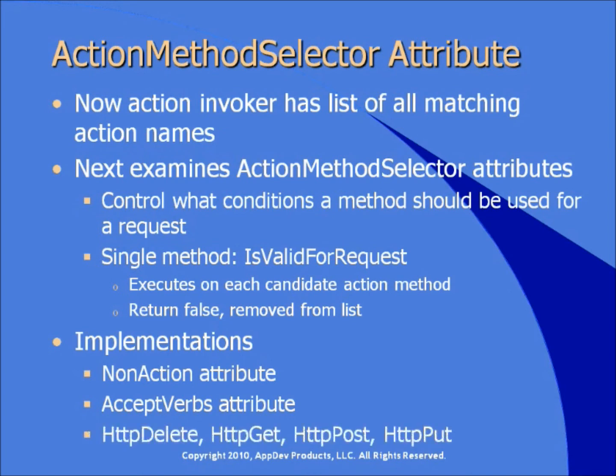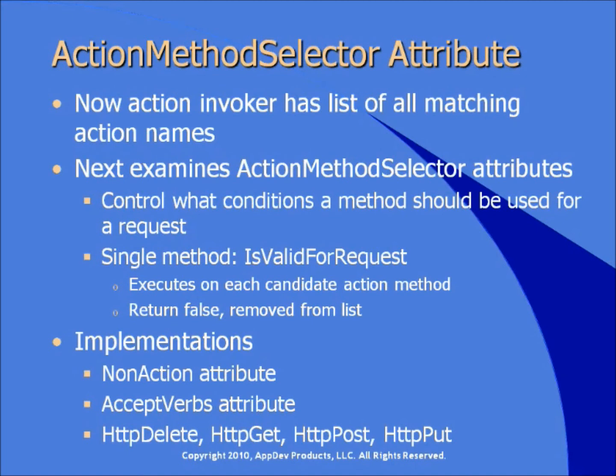But easier to use are some additional attributes that were introduced with MVC 2. These derive from ActionMethodSelectorAttribute and include HttpDelete, HttpGet, HttpPost, and HttpPut. Each corresponds to a single HTTP verb and accepts no parameters.